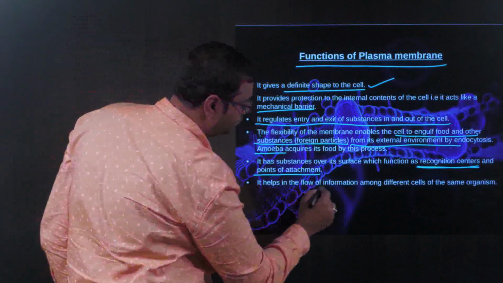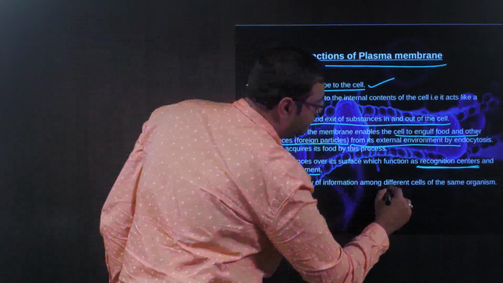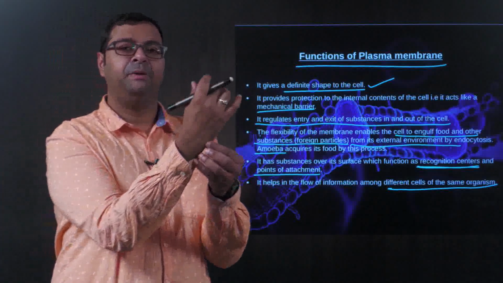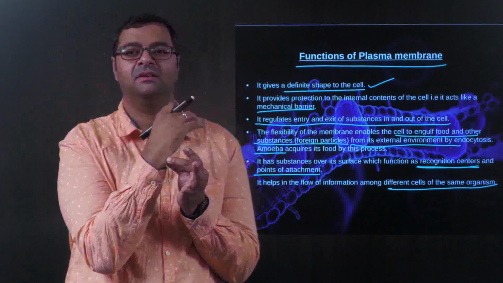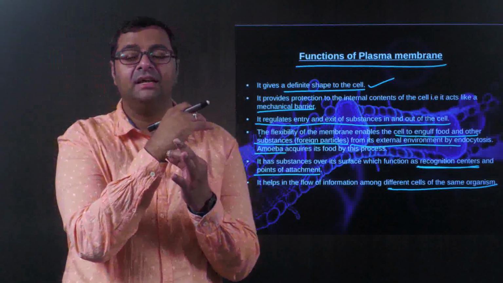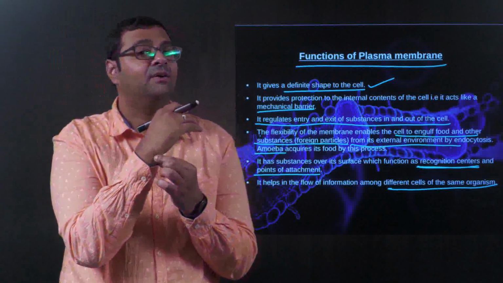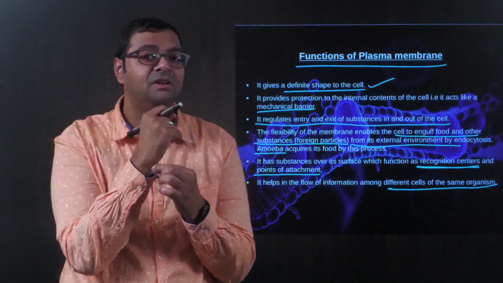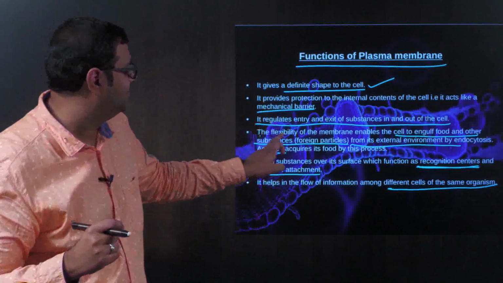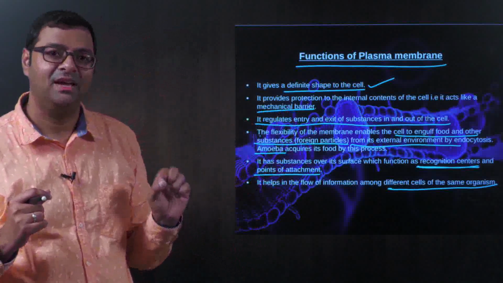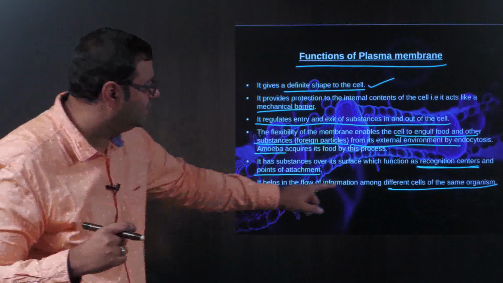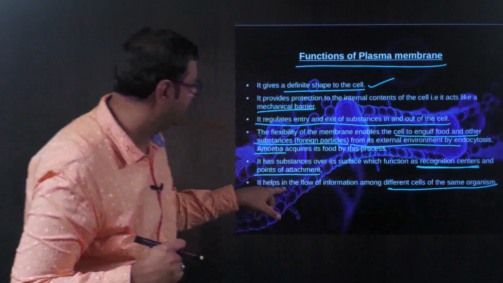It helps in the flow of information among different cells of the same organism. If I am pinching myself like this, many cells interact with each other. That interaction is made possible by the plasma membrane and its flexible nature.